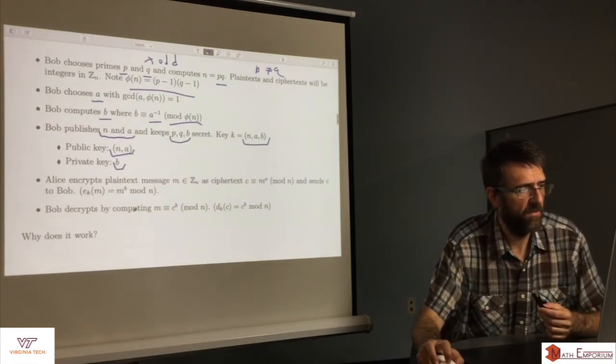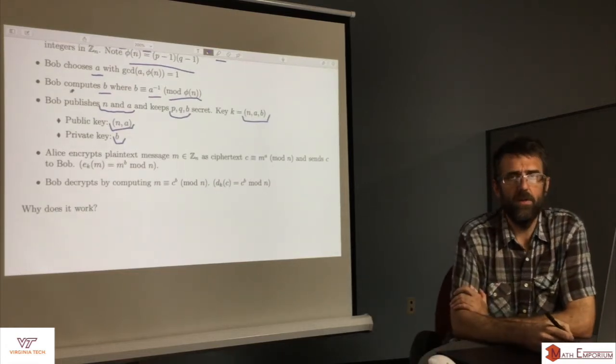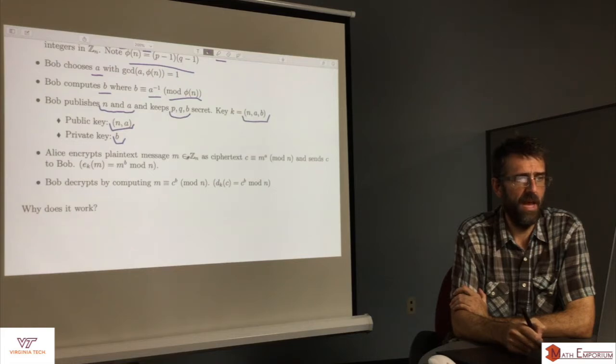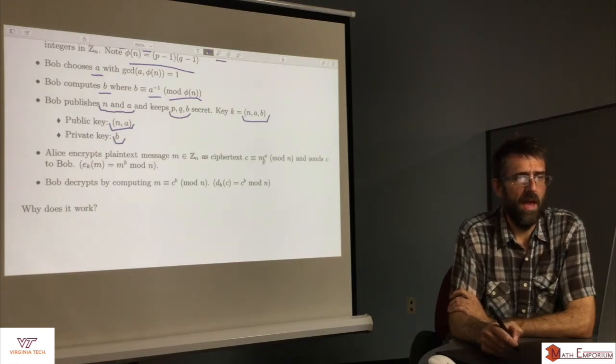Suppose Alice wants to send a message to Bob. Alice is going to encrypt this plaintext message M in Z mod n as a ciphertext C, which will be M to the A reduced mod n. And then C is what Alice is going to send to Bob.